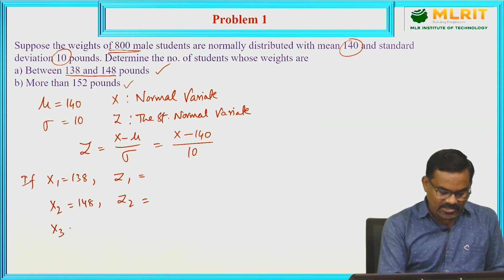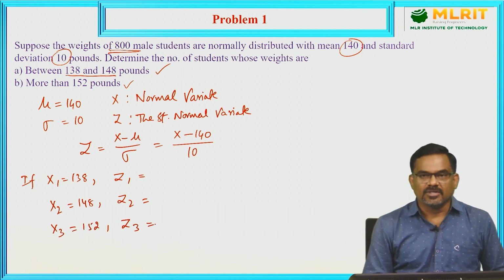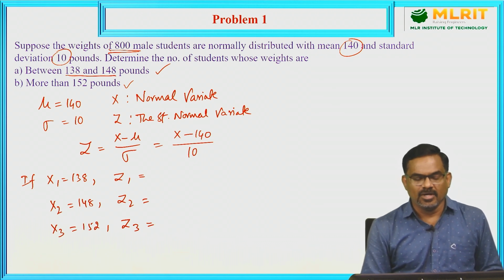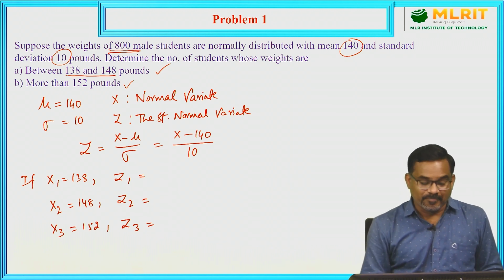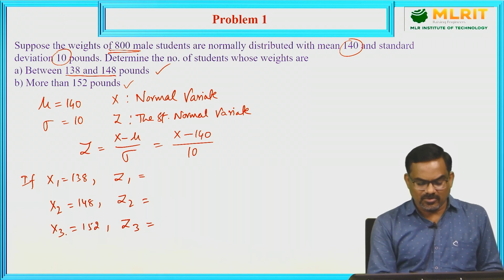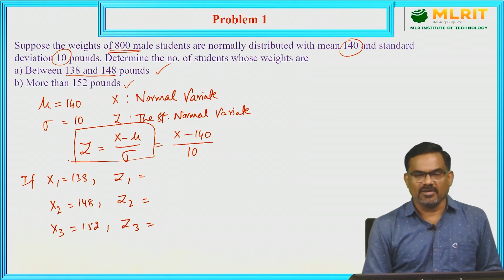So x3 is 152, then what is Z3? If you calculate these values of Z1, Z2, Z3 using the standard normal distribution table, we can find the required solution. So here we transform these values x1, x2, x3 to z1, z2, z3 using the formula z equal to x minus mu by sigma, where mu is 140 and sigma is 10.